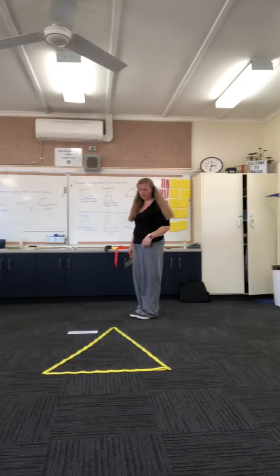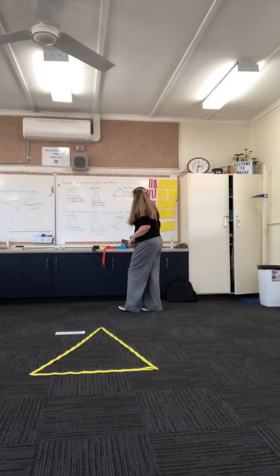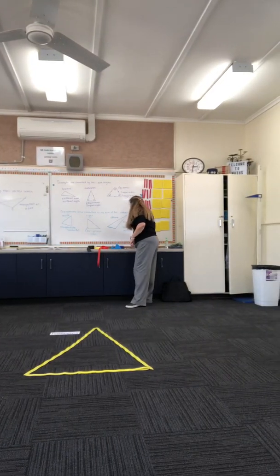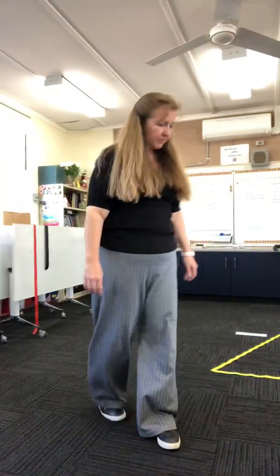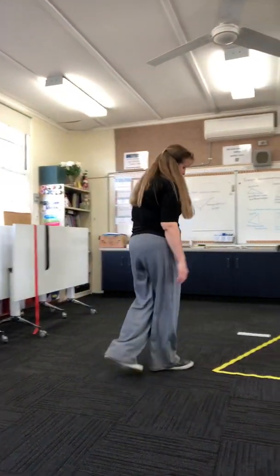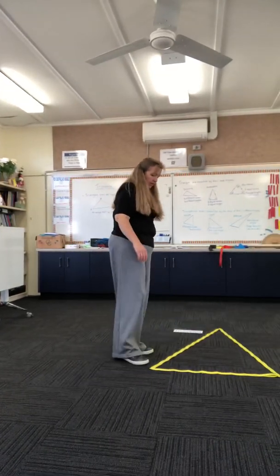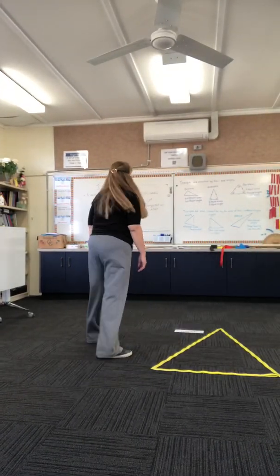So we have two angles the same size, and one angle different. Sorry about the interruption. Okay, so we have our isosceles triangle with two sides the same length and two angles the same size.